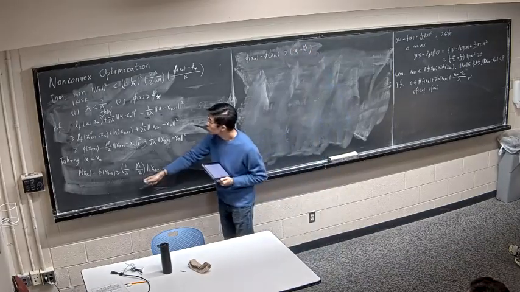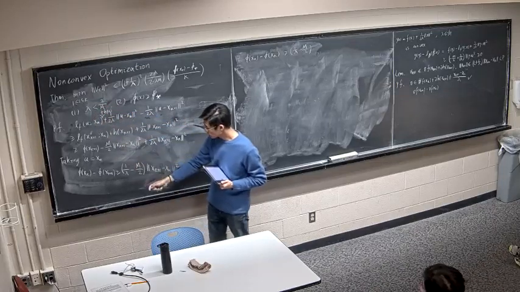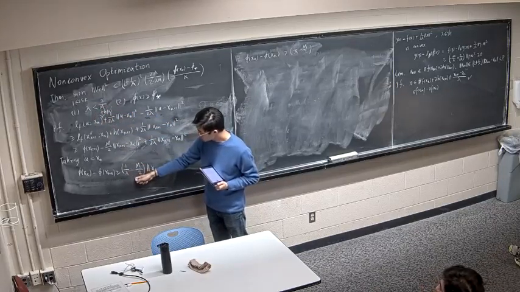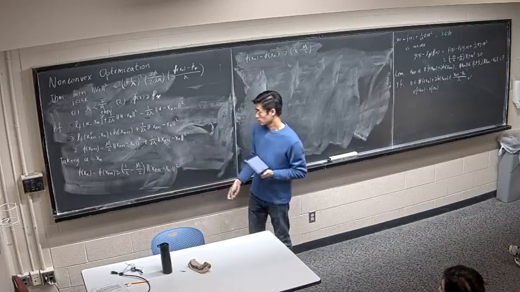Here we need a condition that lambda is less than 2 over m, so that this difference is still positive, right? So that this inequality makes sense.